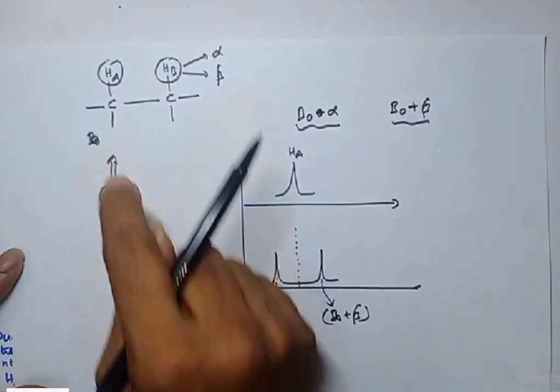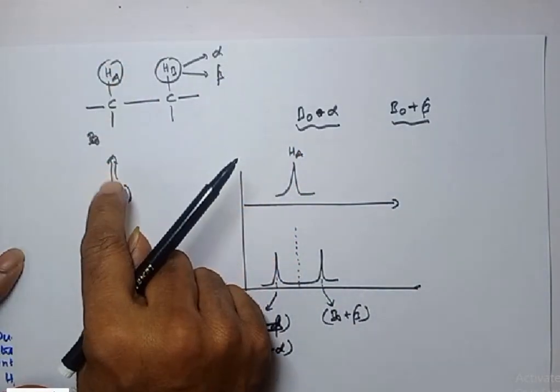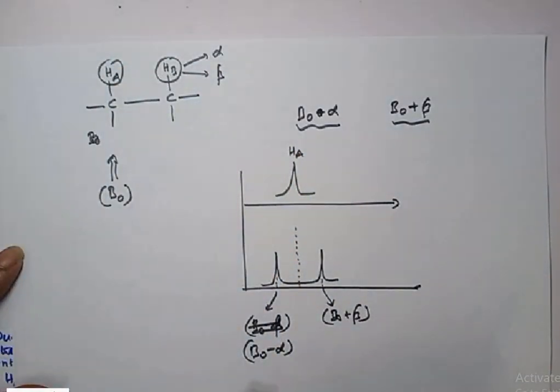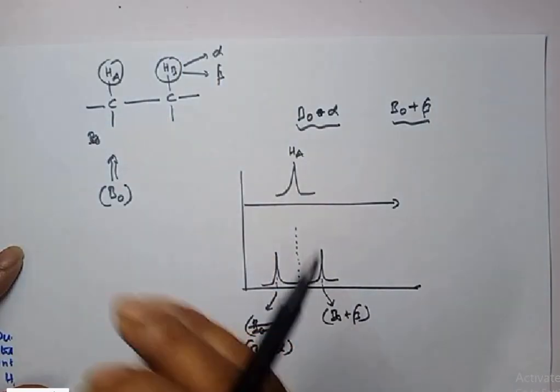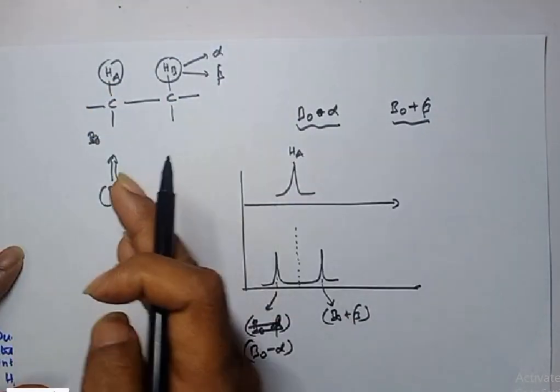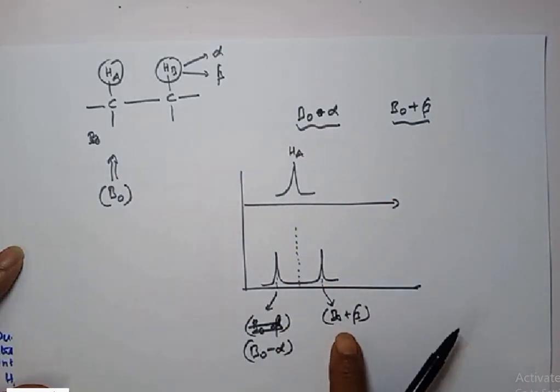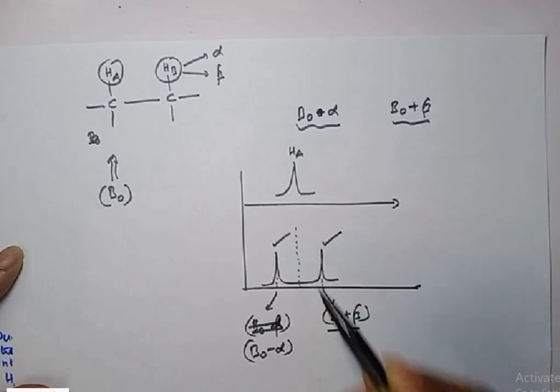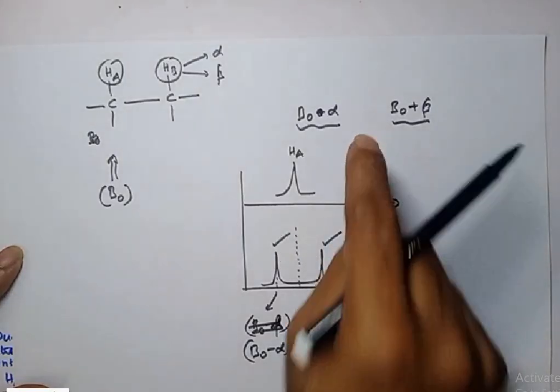Since it opposes the magnetic field, the HA proton feels lesser external magnetic field. In order to absorb, the signal will appear at a little higher value. What's the value? B0 plus beta. So we get two peaks due to this reason.